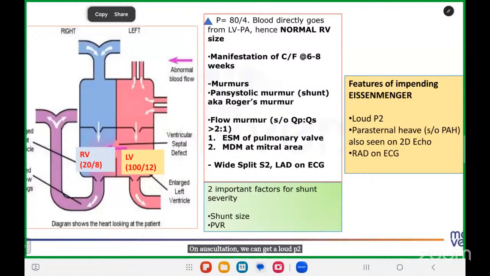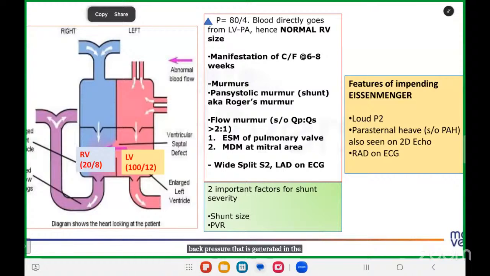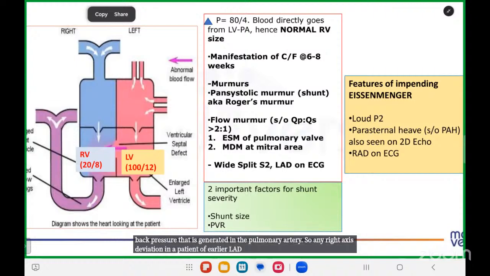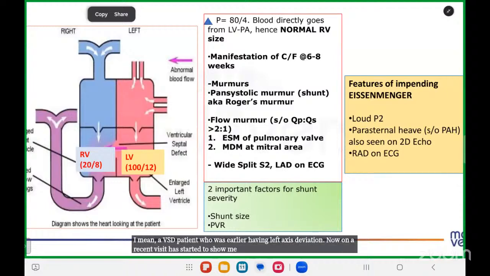We can also see it on 2D echo. We can have right axis deviation because the right ventricle will start getting hypertrophied in response to the back pressure generated in the pulmonary artery. So any right axis deviation in a VSD patient who was earlier having left axis deviation, and on a recent visit has started to show me right axis deviation, is a warning sign.